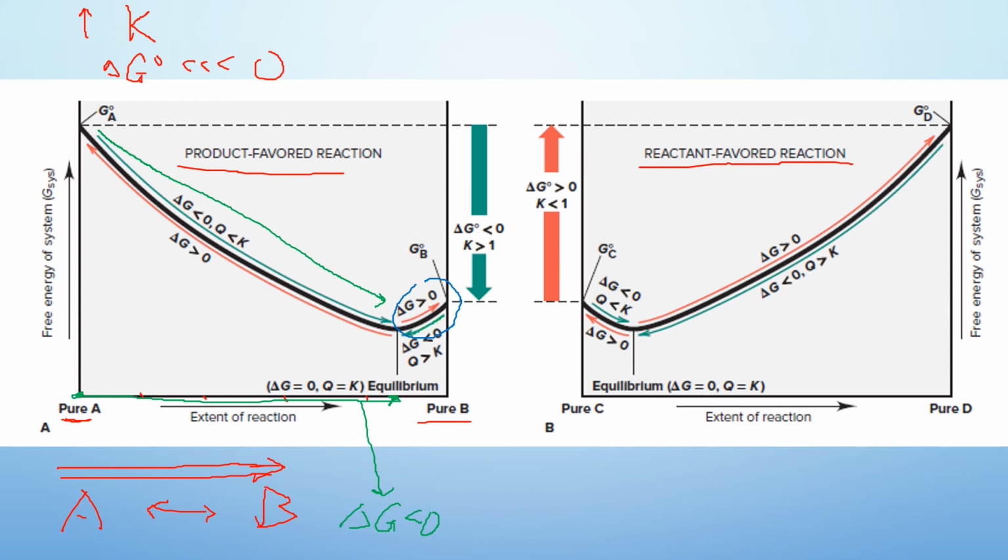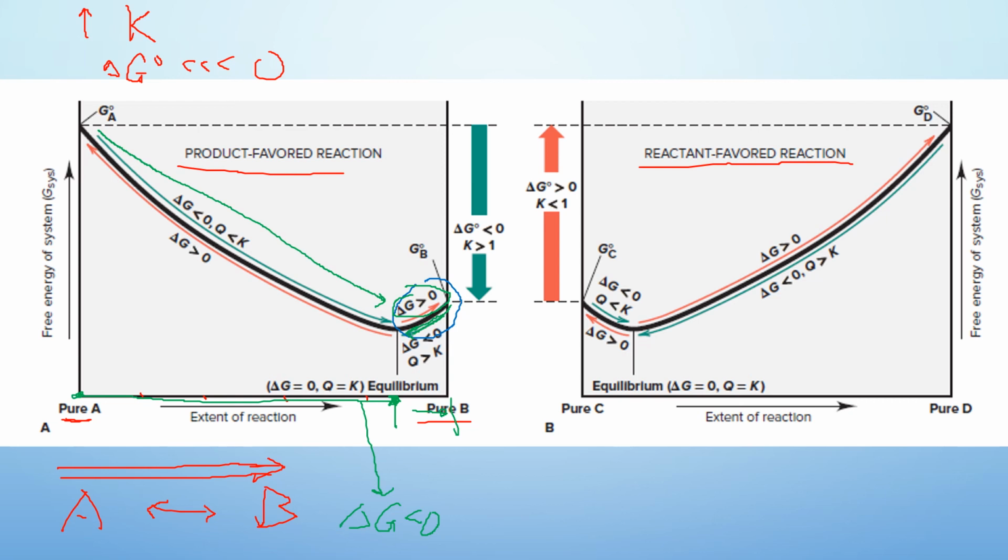If you keep going from this point to the pure B, the G value actually increases. So your delta G will be greater than 0 now. That will shift the reaction back to the equilibrium position, so the direction will proceed to the left.